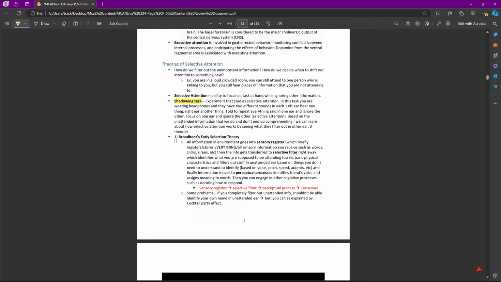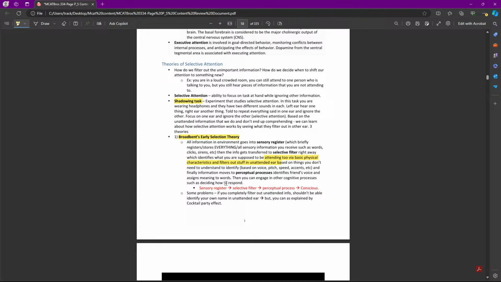There's three theories. The Broadbent early selection theory. All information in the environment goes into a sensory register, and then all the info gets transferred to a selective filter right away, which identifies what you are supposed to be attending to by physical characteristics and filters out stuff in the unintended ear.